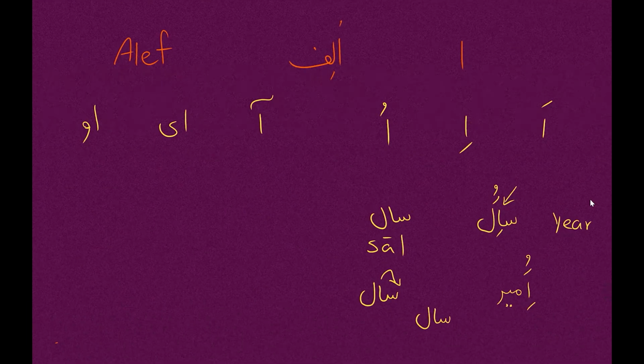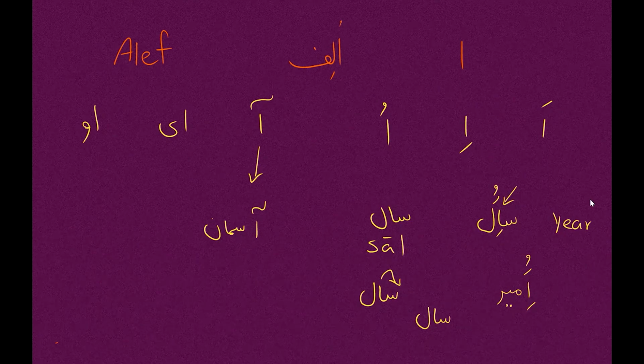And that's why, when we have the sound ah in the beginning of a word, like aseman, we add this sign to make it clear that we want to give the sound ah in the beginning of the word.